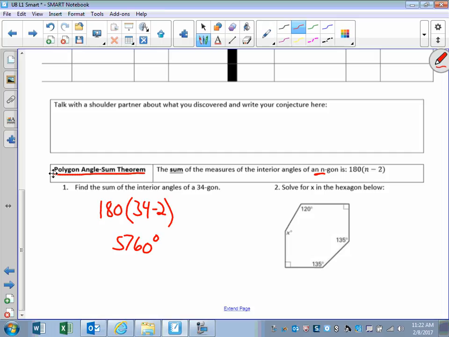For number 2, we need to figure out what the interior angles need to be in total. So we've got a 1, 2, 3, 4, 5, 6-sided shape, a hexagon.